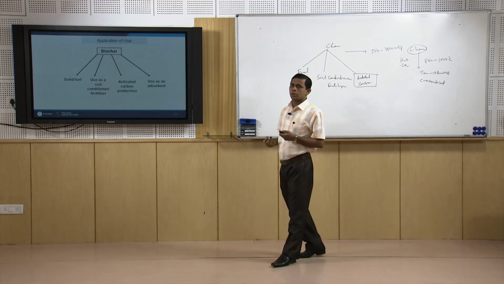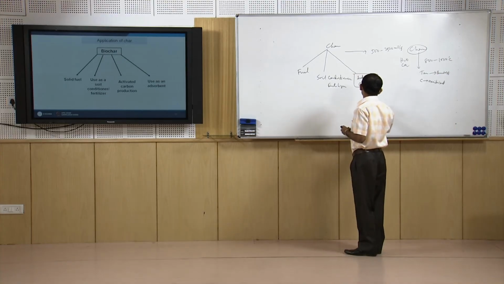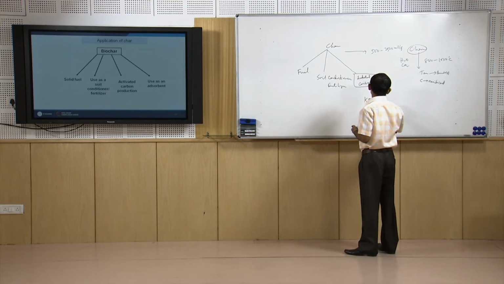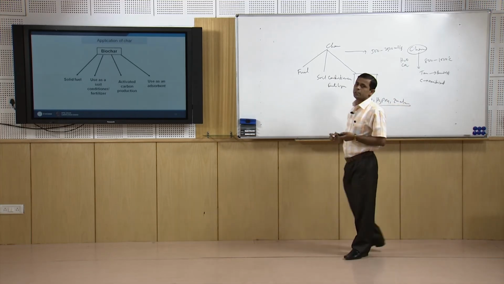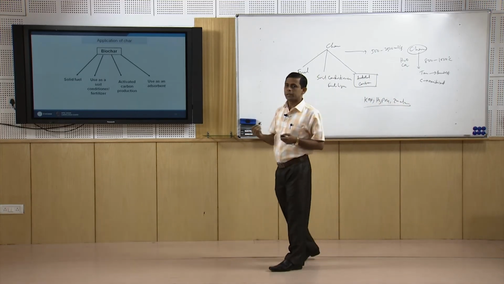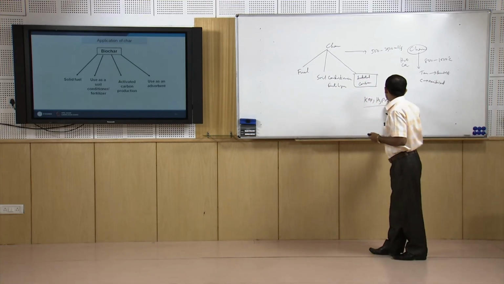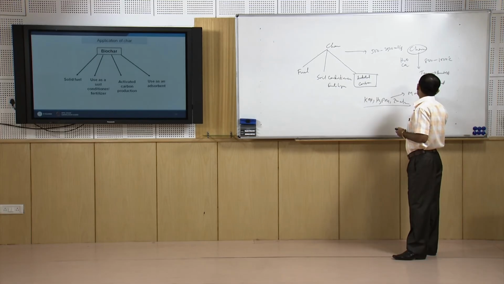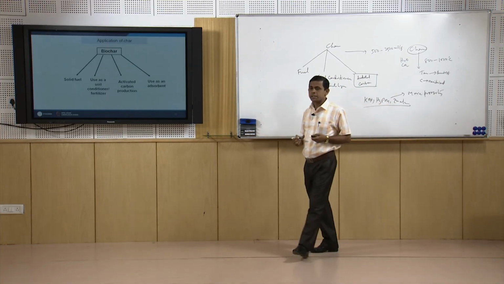But in the chemical method we use some chemical like potassium hydroxide, phosphoric acid or zinc chloride. These three chemicals have been reported for the activation of this pyrochar, and they give more porosity, but these have some disadvantages.